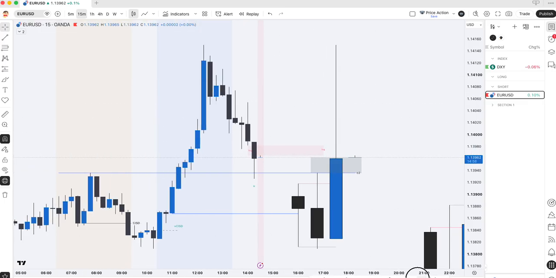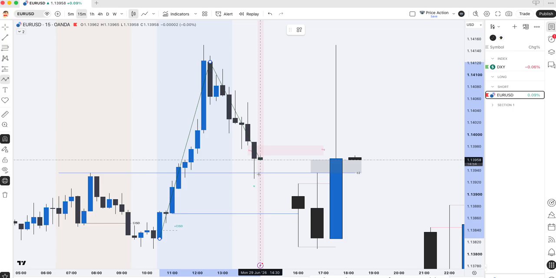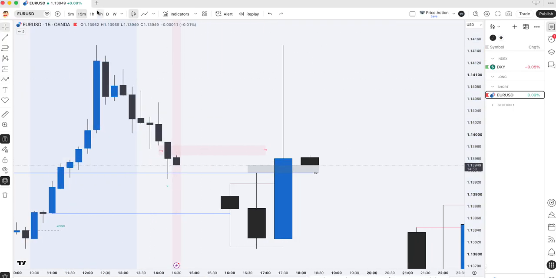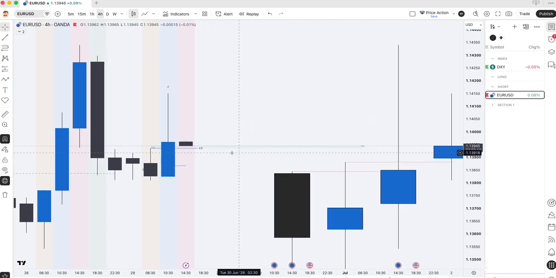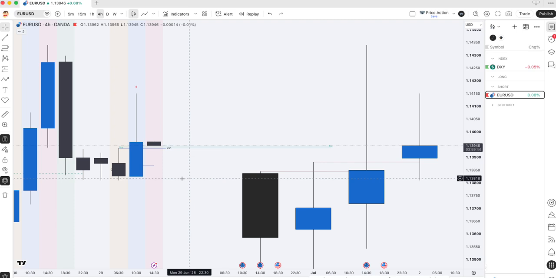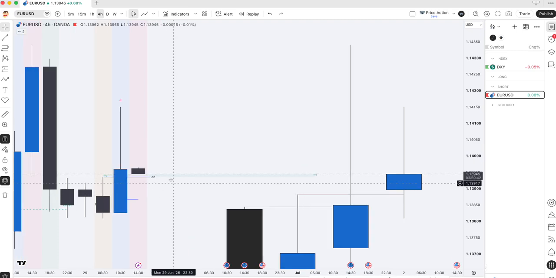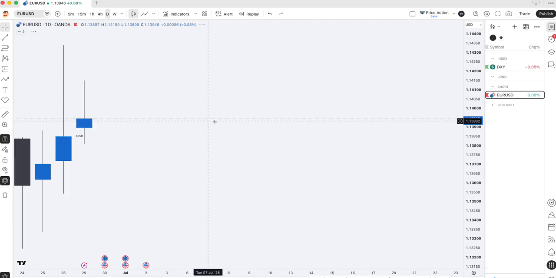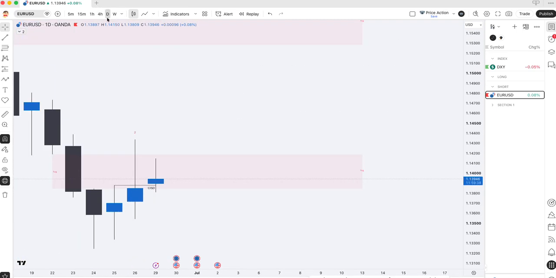Here, what I see is 15 minutes just making a pullback and continuing to the upside. That's why, even now, this candle, the FVG is gone. So I think I will have to wait. I don't think there will be a trade today on EU.